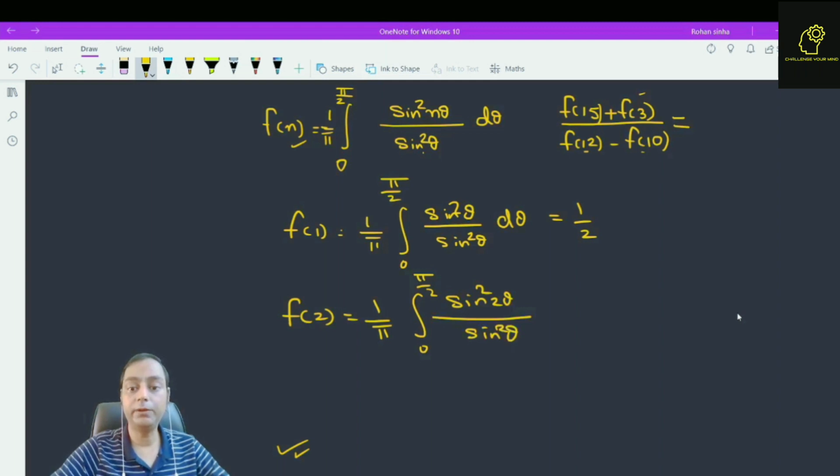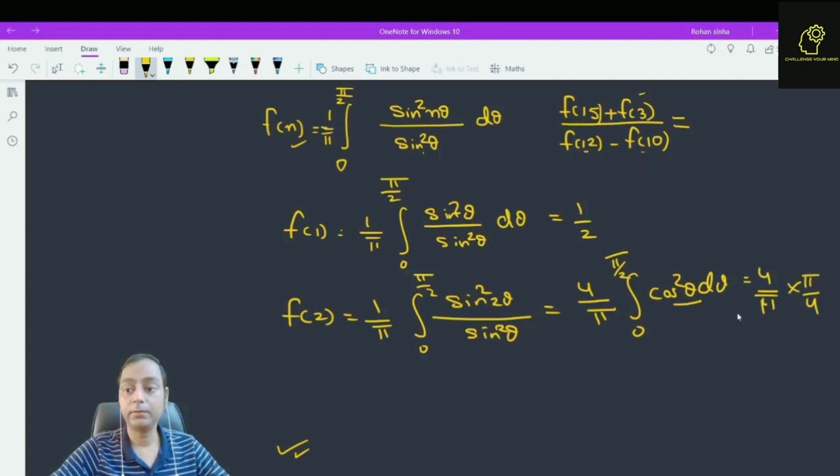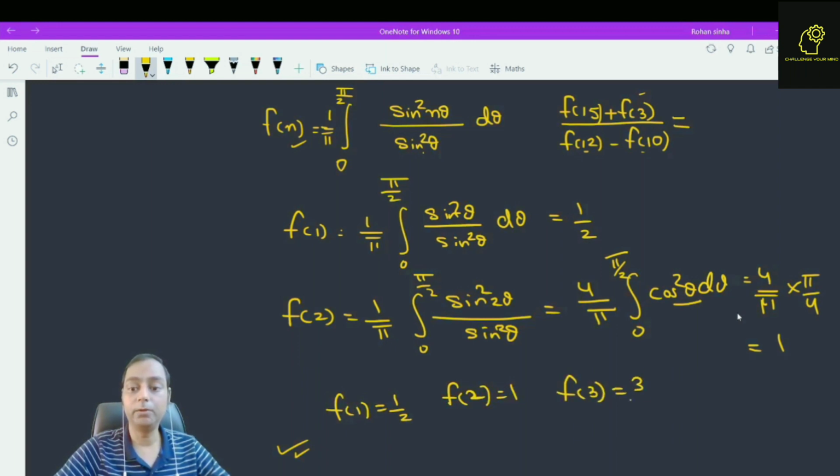We know that sin 2 theta is 2 sin theta cos theta, so squaring it and taking 4 outside, we get 4 by pi times the integral of cos square theta d theta. From 0 to pi by 2 this is equal to pi by 4, so this is 4 by pi into pi by 4, which equals 1. So f1 is 1 by 2, f2 is 1, f3 is 3 by 2.